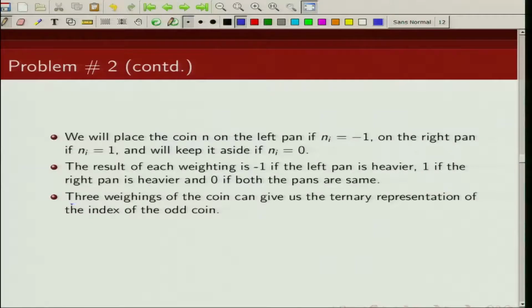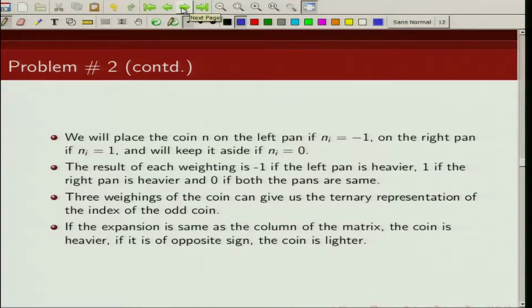Now 3 weighings of the coin can give me the ternary representation of the index of the odd coin. How? If the expansion is same as the column of the matrix, then the coin is heavier, and if it is of opposite sign, then the coin is lighter.